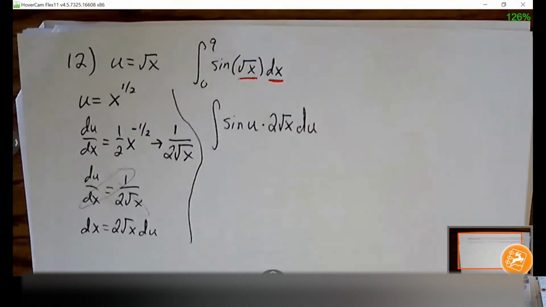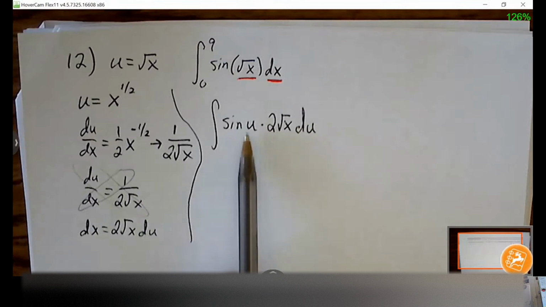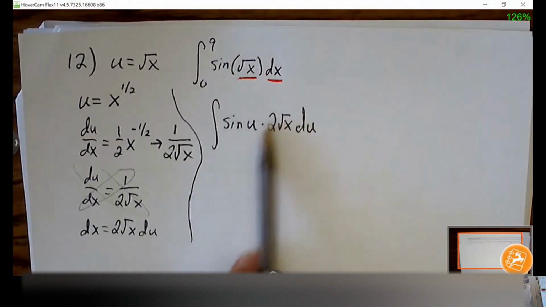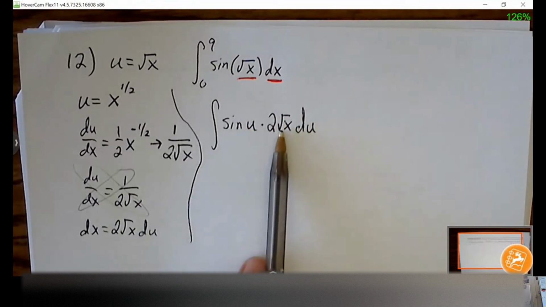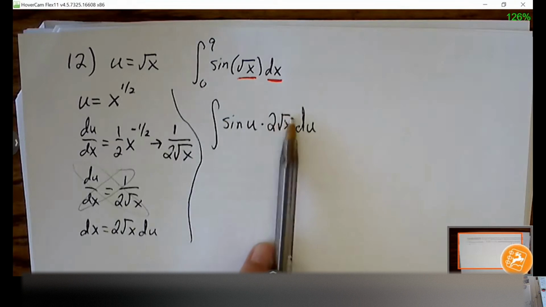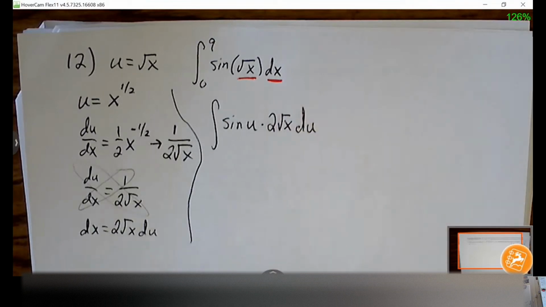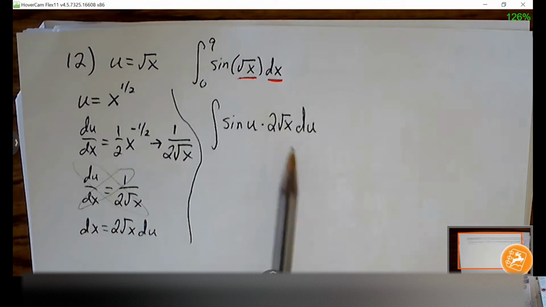All right, so there's an issue, right? I'm not truly doing u substitution until every x is resolved, and we don't see a way to cancel this root x out. So even though the root x can't go away, maybe we can rearrange it or find a way to get that root x to be represented in terms of u.